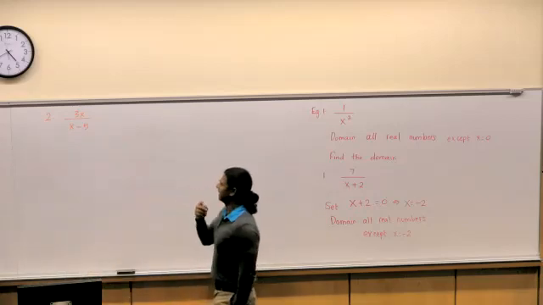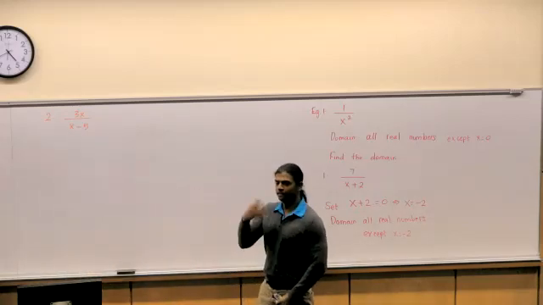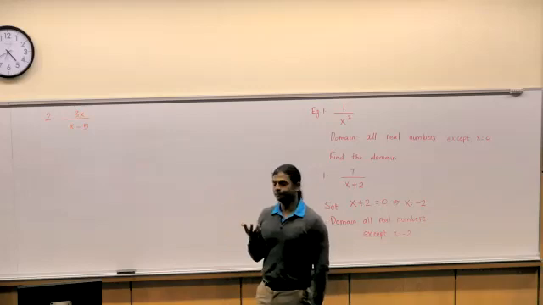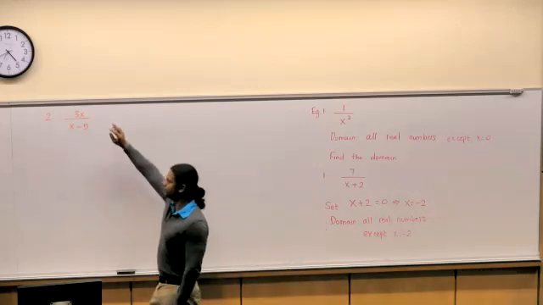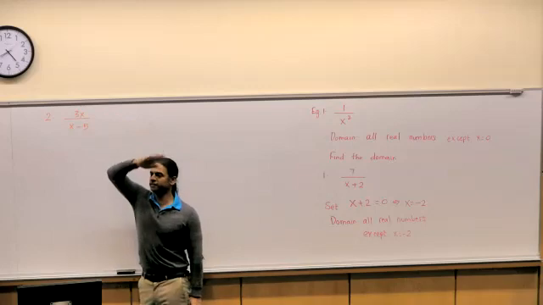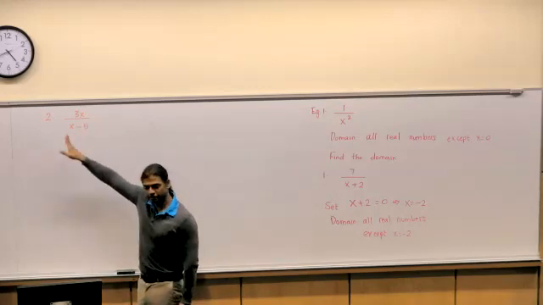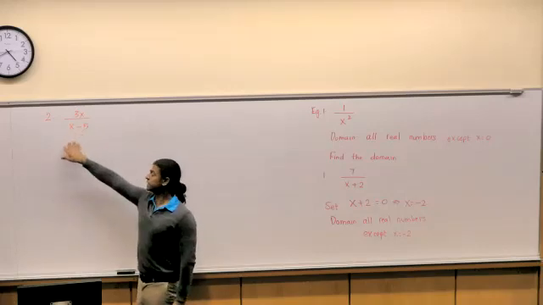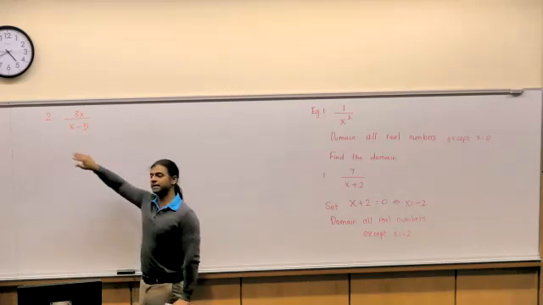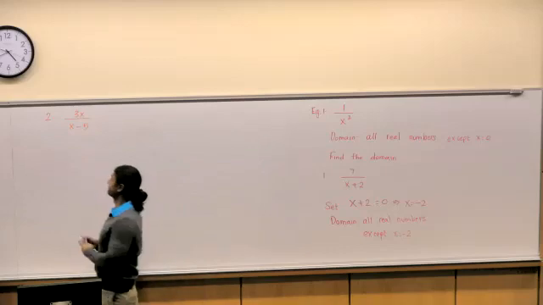Does it matter as to what we have in the numerator? No. The numerator is of no concern when we try to find the domain. All I'm interested in is the denominator, and we want to know what value would make the denominator 0.